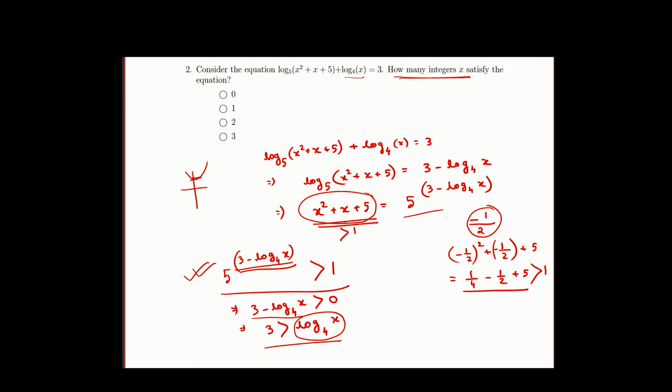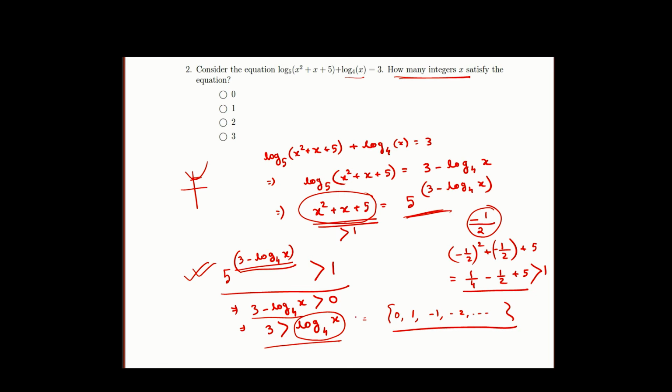So this left hand side must be an integer, so this right hand side also must be an integer. So the power should be an integer. So this log x base 4 has to be an integer only, and it is an integer which is strictly less than 3. So our options are 0, 1 and all the negative integers, right?